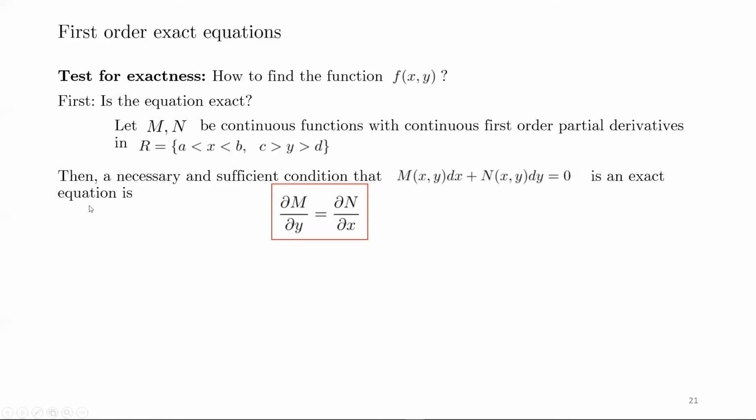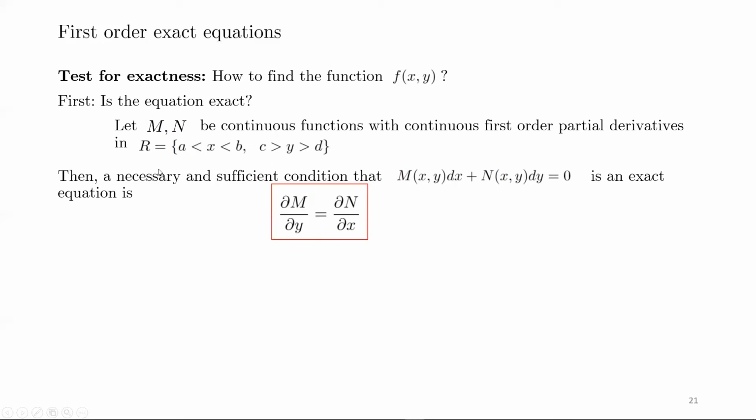So firstly, is the equation we're given exact? Let M and N be continuous functions with continuous first order partial derivatives in some region in the xy plane, so x is between two numbers a and b, y is between two numbers c and d.